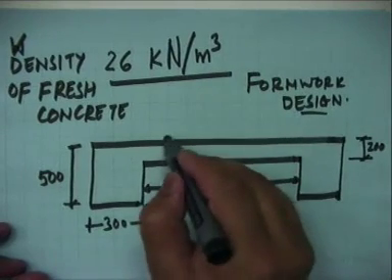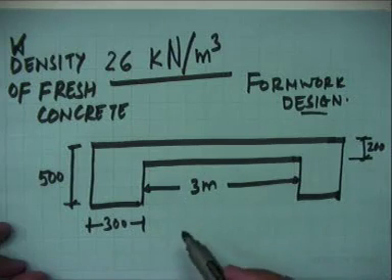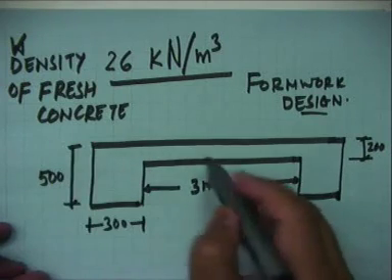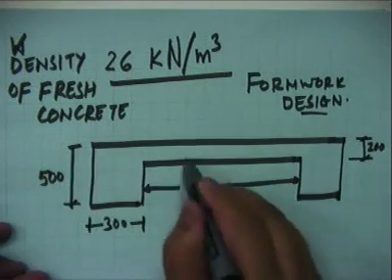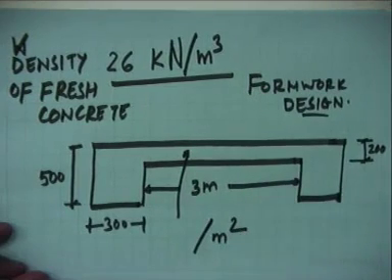So, for the slab portion, can you find out the dead load coming from this particular portion on per square meter basis? Can you tell me?